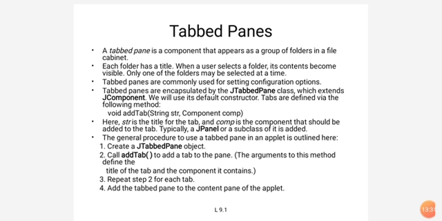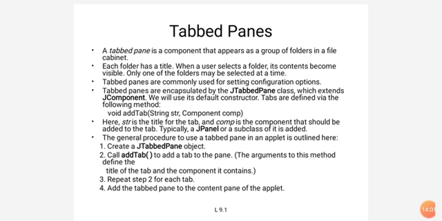Tabbed panes are encapsulated by the JTabbedPane class, which extends, once again, JComponent, because all these components are under JComponent only. We will use its default constructor. Tabs are defined by the following method. Here is the syntax of the method: void addTab(String str, Component comp). str is the title for that particular tab, that means the folder name.